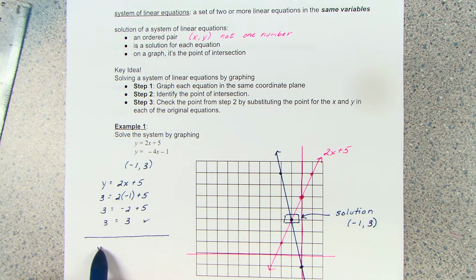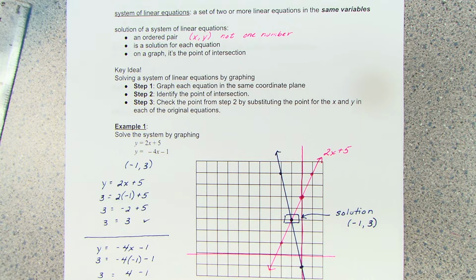And then let's check it for y equals negative 4x minus 1. Substitute in 3 equals negative 4 times negative 1 minus 1. Negative 4 times negative 1 is positive 4. And 4 minus 1 is 3.